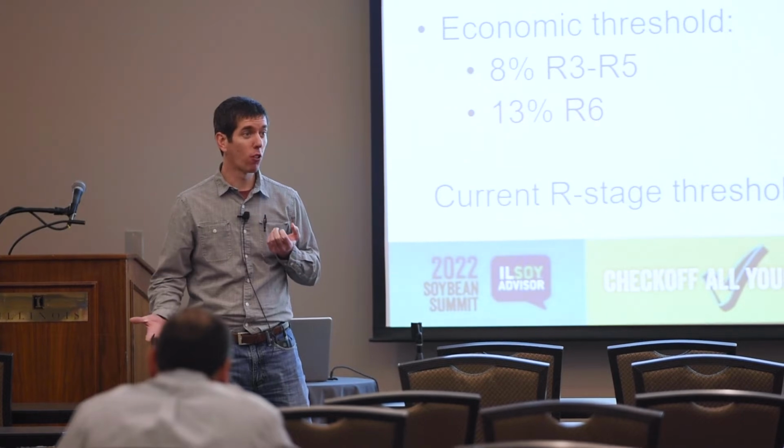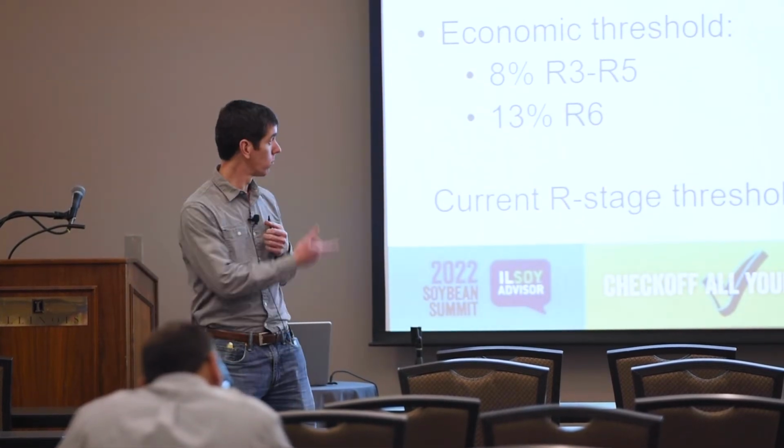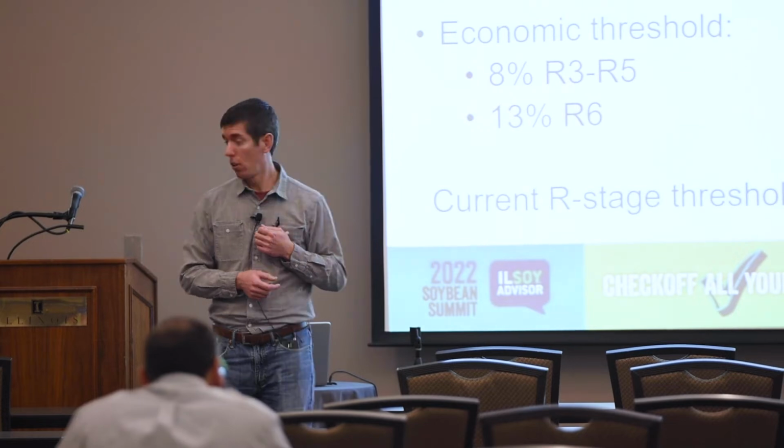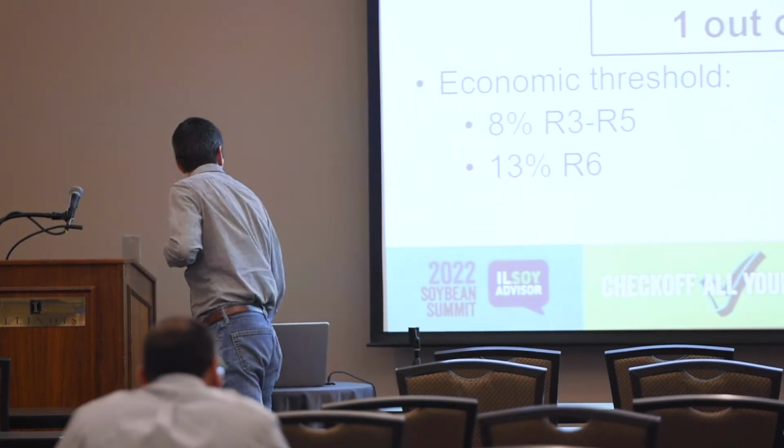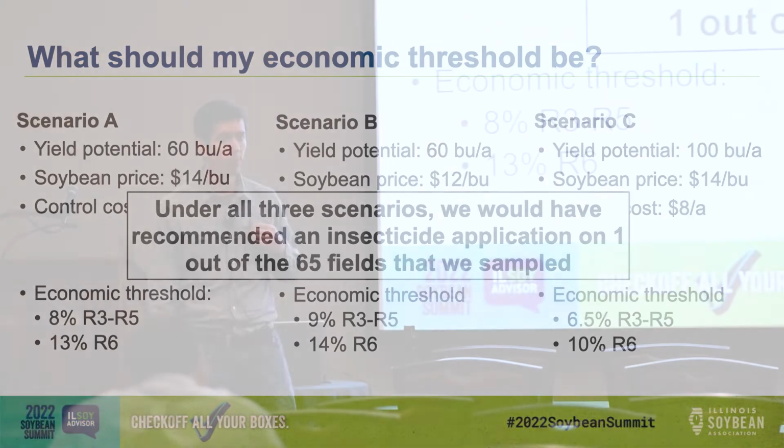But I get that question a lot, like what do these do with updated prices? Well, they do that, they go down. When we look at what we were seeing throughout the region, we're still, by and large, not above that when you compare that to the levels of defoliation that we're actually seeing.